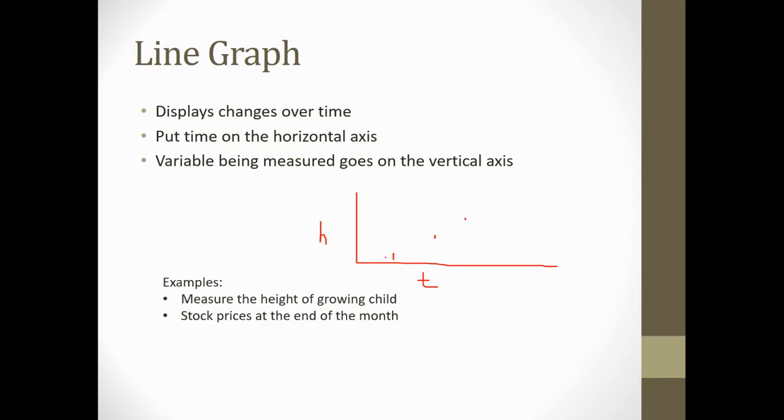Okay, so we put these points on there. When I connect those points with a line, doesn't this line have meaning? This line says that between these 2 points, this little kid has grown from height A to height B.